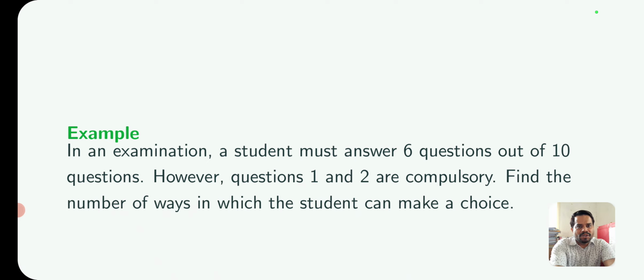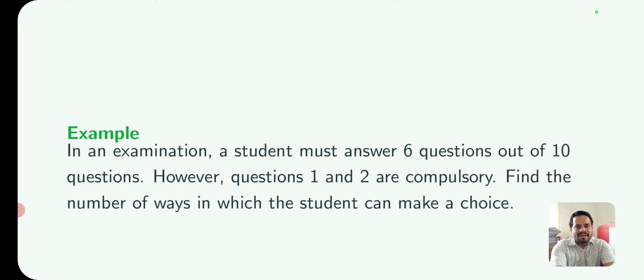In an examination, a student must answer 6 questions out of 10 questions. However, questions 1 and 2 are compulsory. We have to find the number of ways in which the student can make a choice.